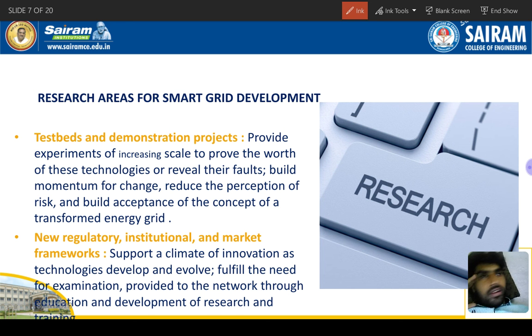See, separate IITs and NPTEL courses have separate research areas and education, and you can do anything as per your requirement, right?